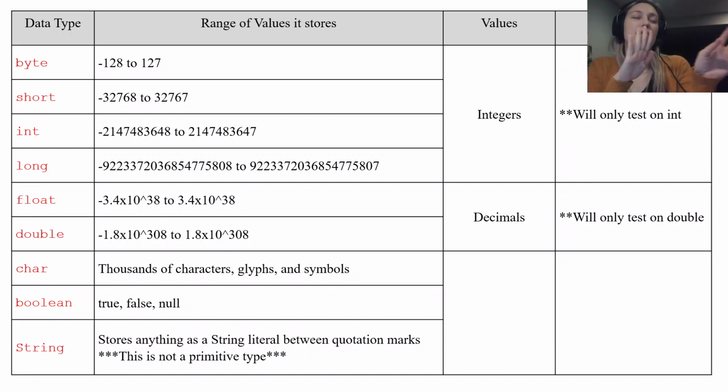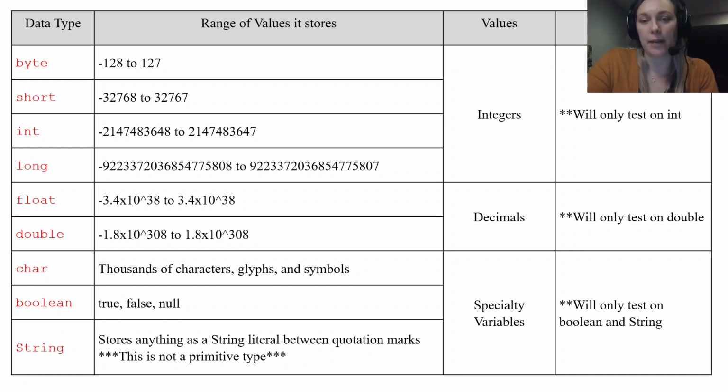Letters, digits, symbols, anything. It can contain full pages of books if you wanted to, although I don't recommend that. It's not considered a primitive type, but it is available for us to use whenever we need it.